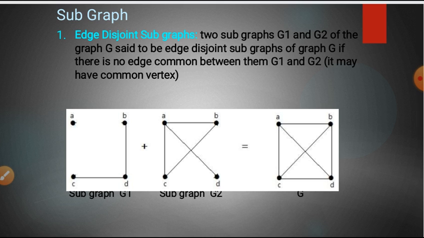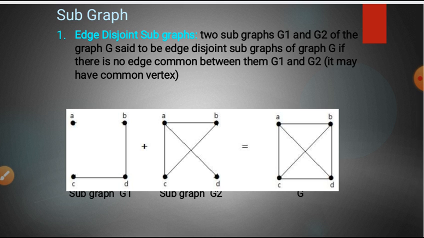If there are no edges common between them, it means if we are talking about G1 and G2, a common edge should not be repeated, or we are not accepting any common edge between G1 and G2. They may have a common vertex.